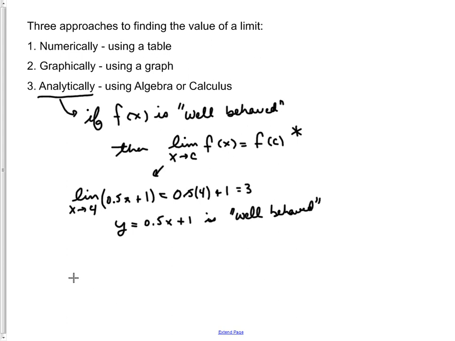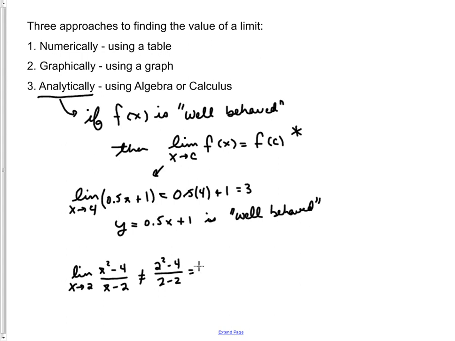On the other hand, when we looked at our limit as x approached 2 of x squared minus 4 divided by x minus 2, we saw that this was not the same as saying 2 squared minus 4 divided by 2 minus 2.